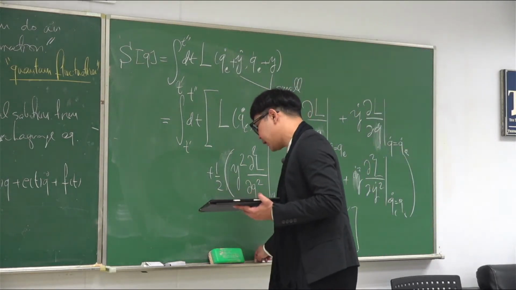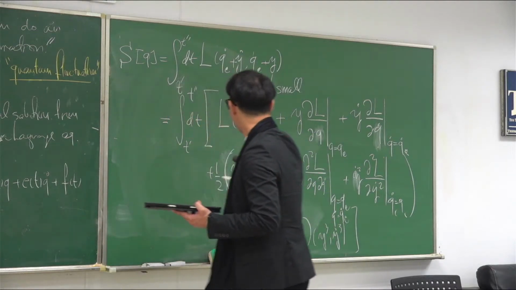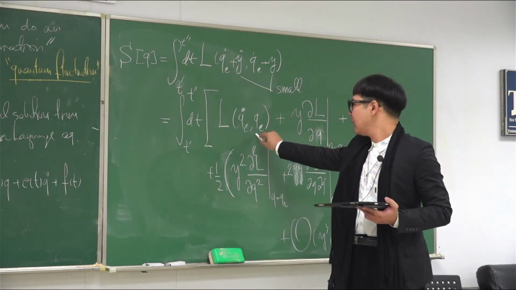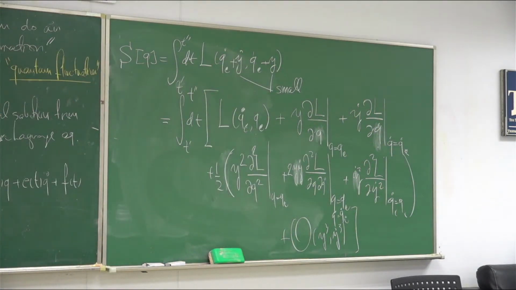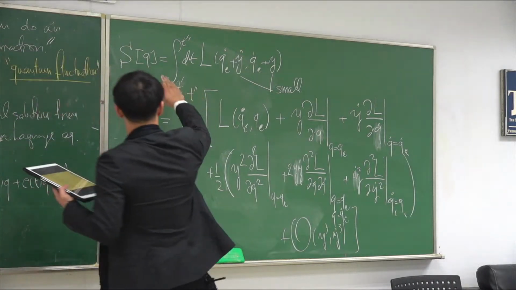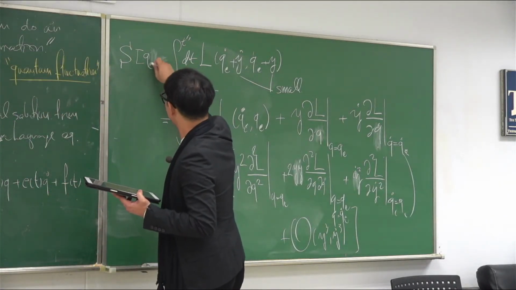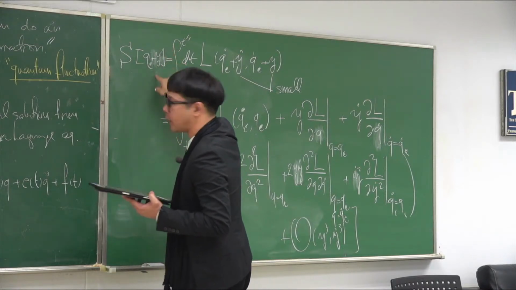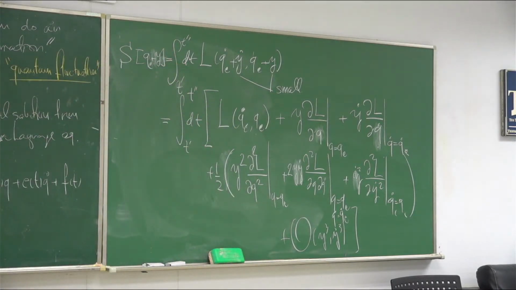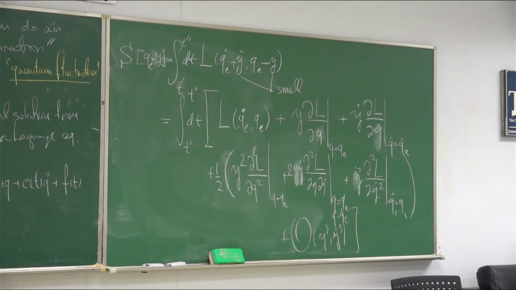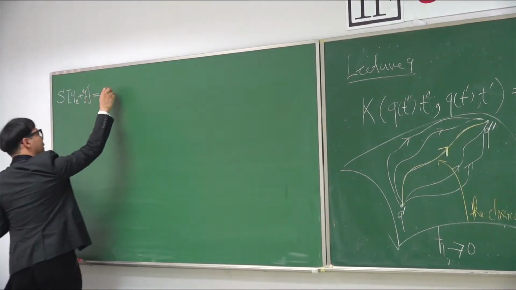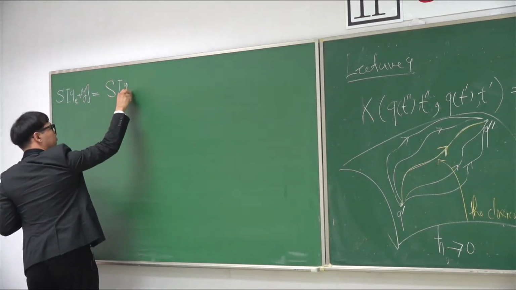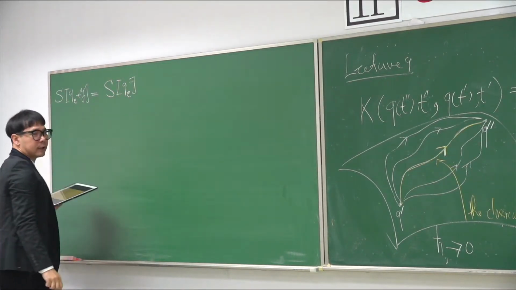And the first term is the action for the particle path, right? So with this, this action must be, because it is a new variable, the first term will be the classical action.